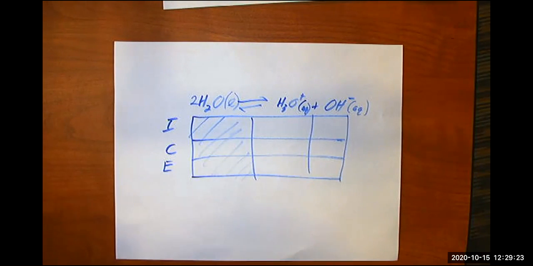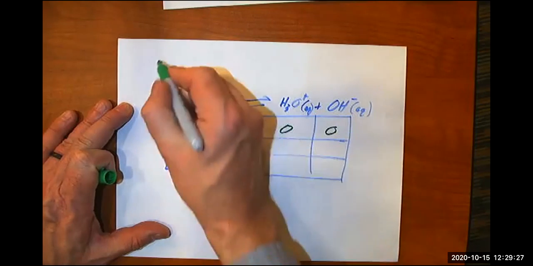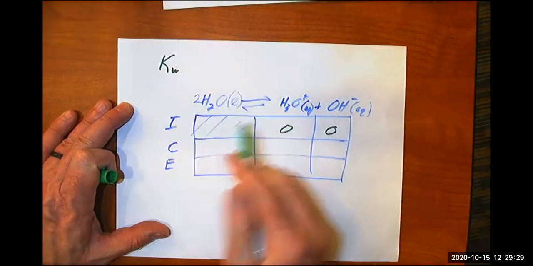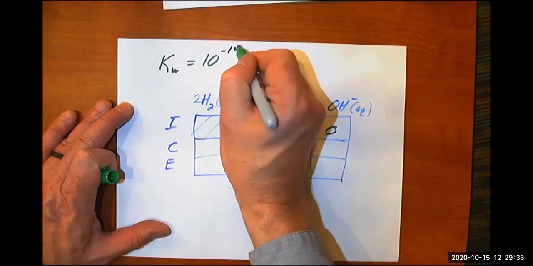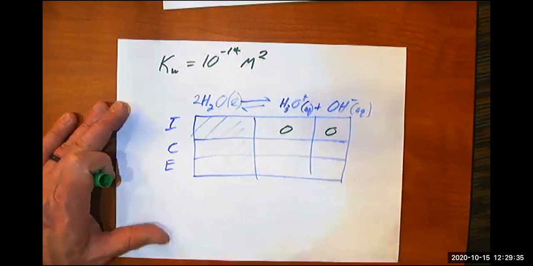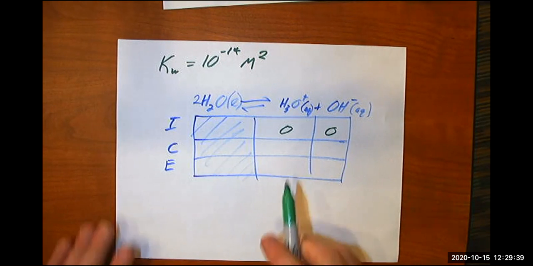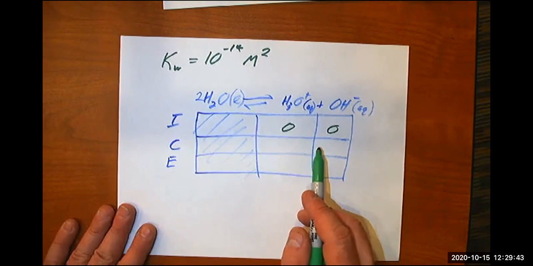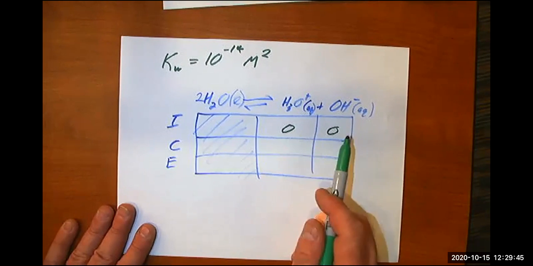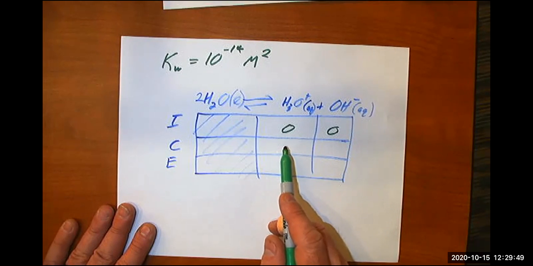If we're trying to figure out how much we have, we are told that this one has a special name, Kw, and this is 10 to the negative 14th molar squared. So the first thing to do in determining what to put in these is, if you're starting with something at 0, then you can't have a negative.